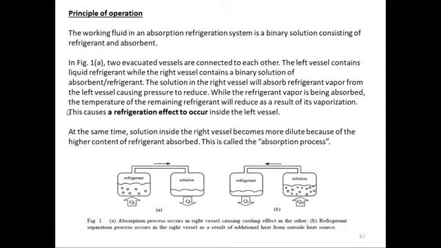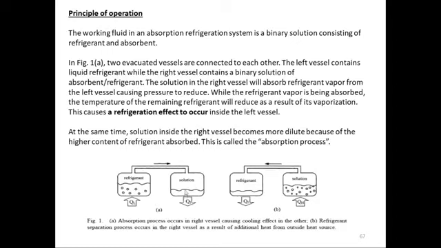The left vessel contains liquid refrigerant, while the right vessel contains a binary solution of absorbent and refrigerant. Let's say the left one has the water and the right one has the lithium bromide solution in it. Water is the refrigerant, in the lithium bromide and water solution. Let's consider that one. So what will happen?